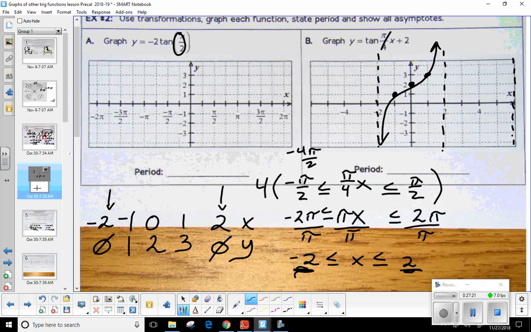Now, just follow the dot pattern. Halfway between, I go 2 up, and I just follow that pattern. I can even do the same thing in the other direction if I wanted to. This strategy will always give you one full period of your graph. You then just have to copy it one more time.